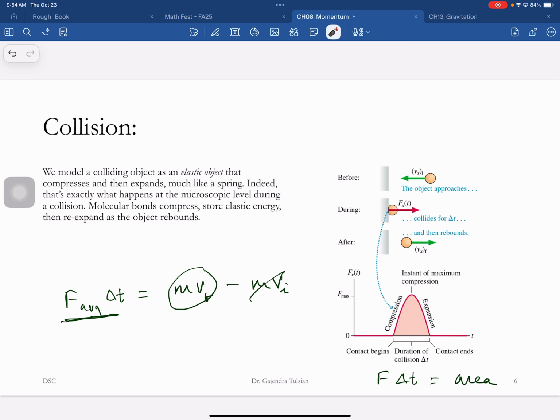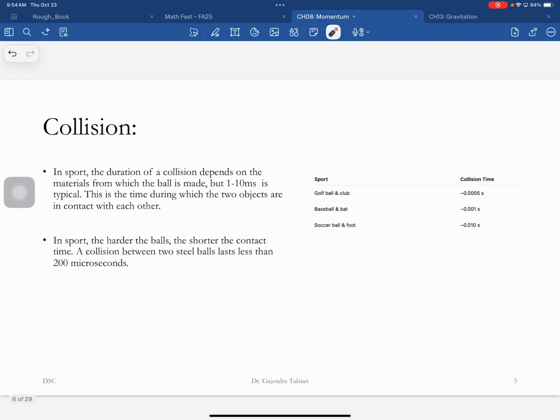In sport, the duration of the collision depends on the material from which the ball is made. The harder the ball, the shorter the collision. 1 to 10 milliseconds are typical. For a golf ball and a club, the collision time is half a millisecond. Baseball and bat, it's 1 millisecond.